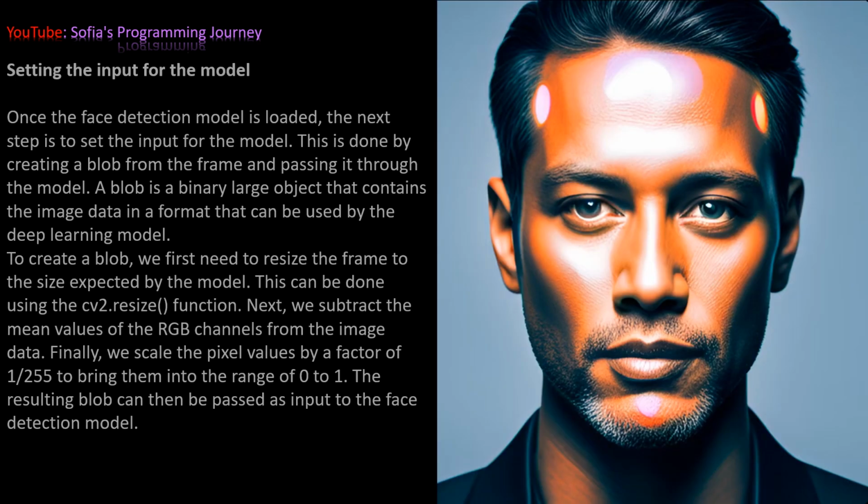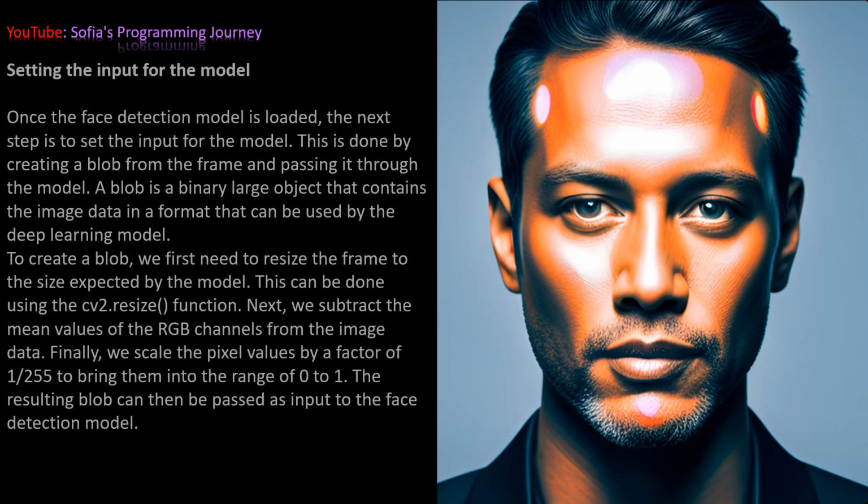Once the face detection model is loaded, the next step is to set the input for the model. This is done by creating a blob from the frame and passing it through the model. A blob is a binary large object that contains the image data in a format that can be used by the deep learning model. To create a blob, we first need to resize the frame to the size expected by the model.